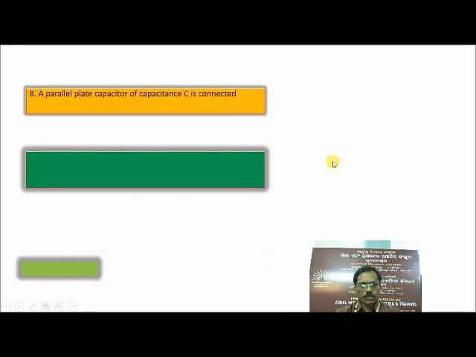Let us see the eighth question. A parallel plate capacitor of capacitance C is connected across a battery of EMF E. If the separation between the plates is doubled, the force of attraction between the plates changes by a factor of how many times?